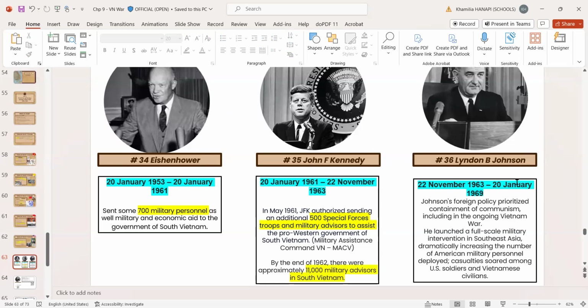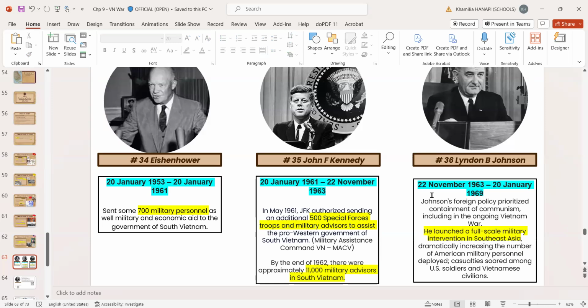Then you have Johnson. After Kennedy passed away, Johnson took over, but he changed things. He launched a full-scale military intervention. Instead of just advisors, he increased the number of people and really put in soldiers to fight alongside the South Vietnamese against the North Vietnamese.